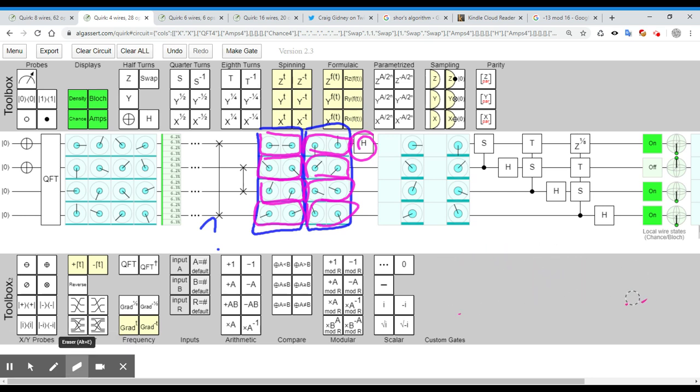I mean, I'm going really low level, but I think that's the best way to approach it. So the 0000 is plus, and the 0001 is minus, right?